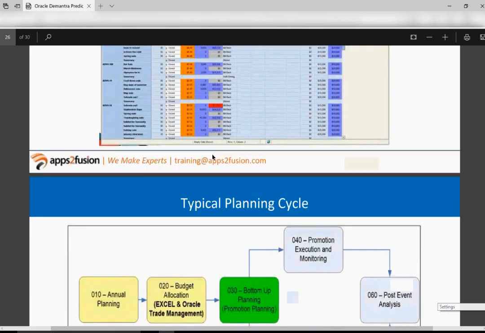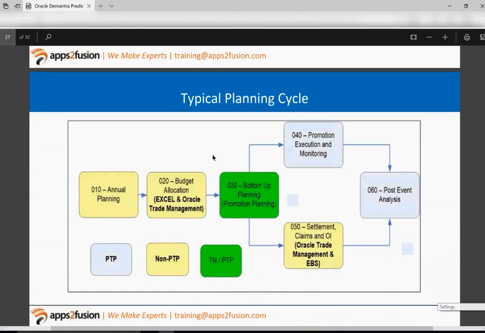Again, this is a typical planning cycle from that particular customer. One of our customers happens to use Oracle Trade Management, just like you are using SAP as one of the SAP applications to create certain pre-approved promotions like off invoicing promotional tactic promotions.